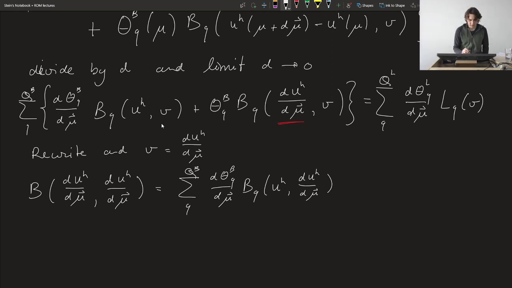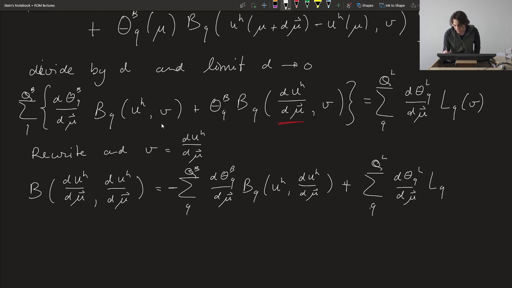Yeah, I think I'm happy with that. So sorry, that's a minus. It doesn't really matter. Plus, so I moved this to the right hand side, and my right hand side was already the sum over Q of L Q, d theta L Q, the directional derivative of my parameter function times the L Qs.